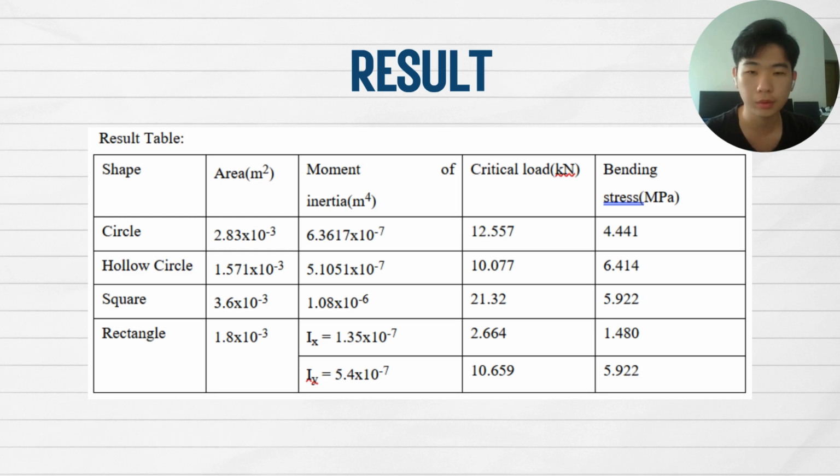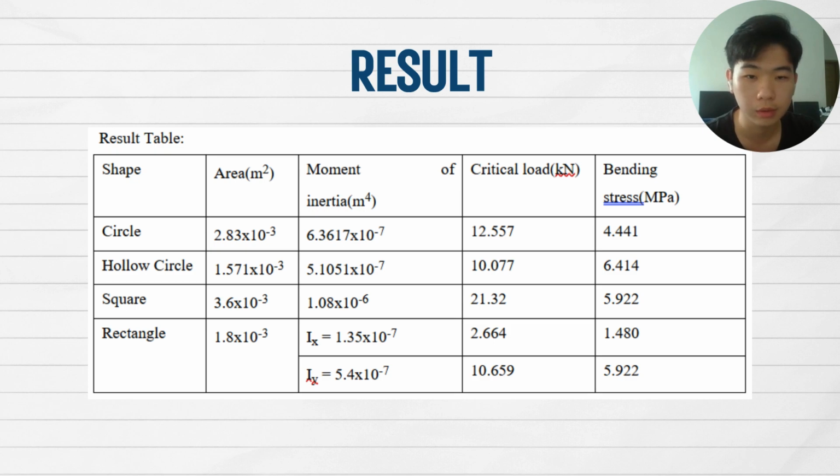And also for the moment of inertia, the biggest value we get is 1.08 times 10 power of -6, and the smallest value is the x-axis, 1.35 times 10 power of -7.